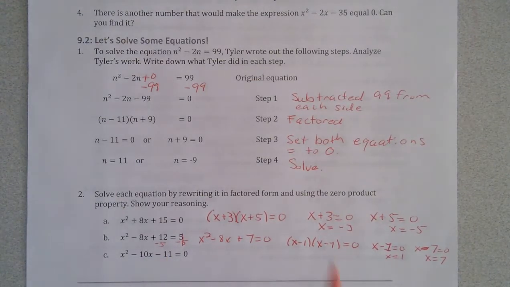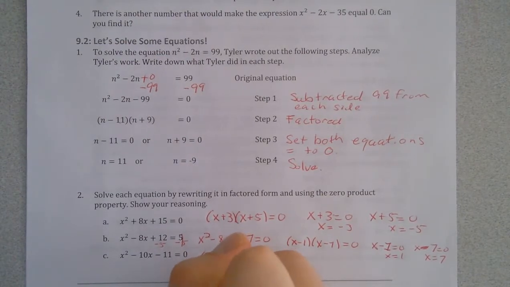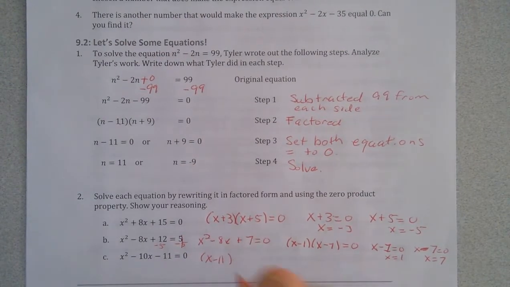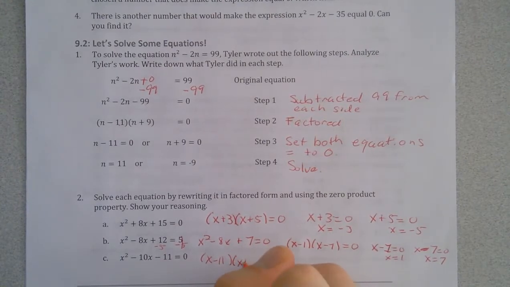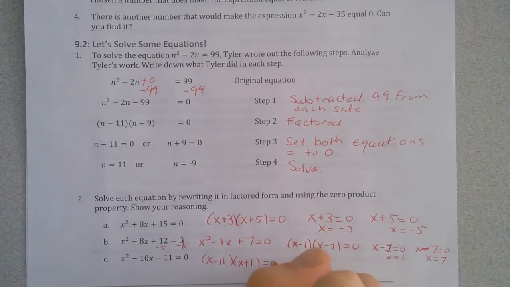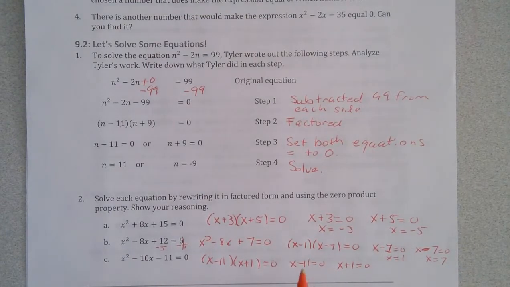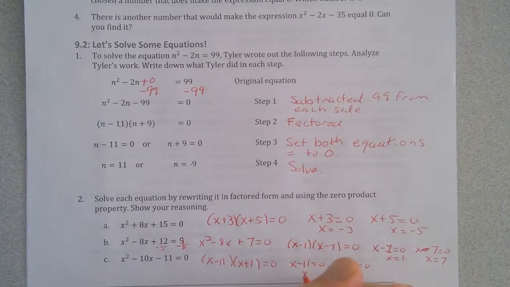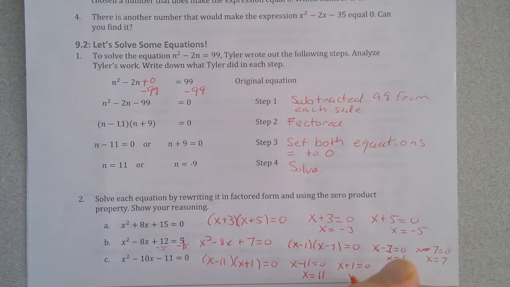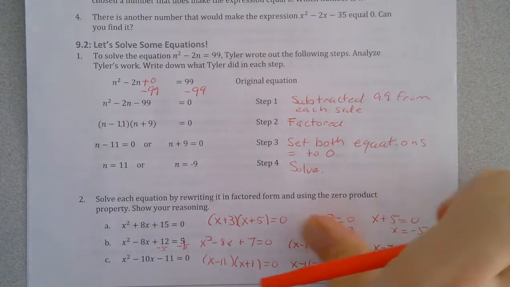So I'm going to try and pick x minus 11 times x plus 1 and have those equal to 0. So I know that x minus 11 equals 0 and x plus 1 equals 0. And then in solving this, I would get x equals 11 and x equals negative 1.